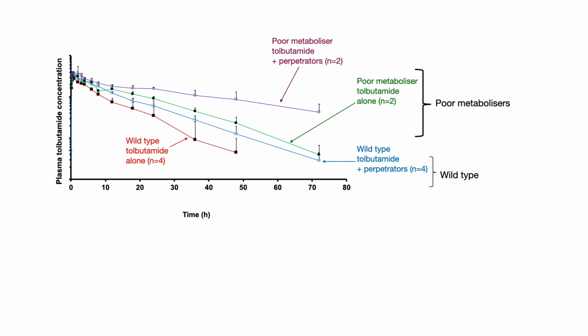Now, the pharmacokinetic profile was different between the wild types and the poor metabolizers. So if I put the whole thing up, you can see it here. The red and the blue lines are the same data you saw previously for the wild type. The green are the poor metabolizers, N equals 2 in this case, and that was Tolbutamide alone. So there is a significant effect of these subjects being poor metabolizers. But then when you give the poor metabolizers the perpetrator drugs, then you're seeing a really major change in the pharmacokinetics.